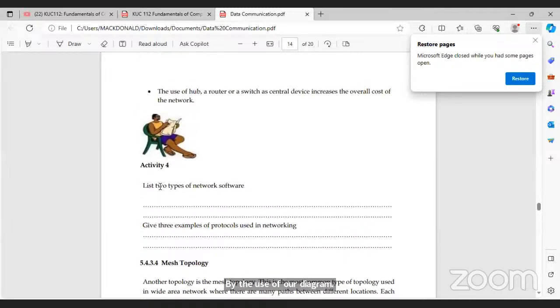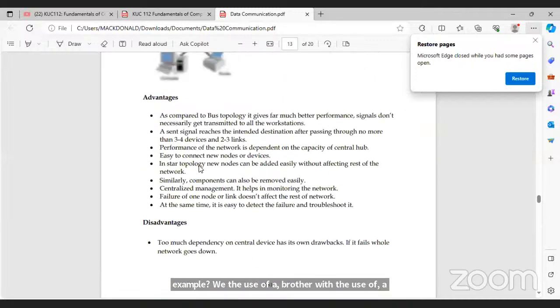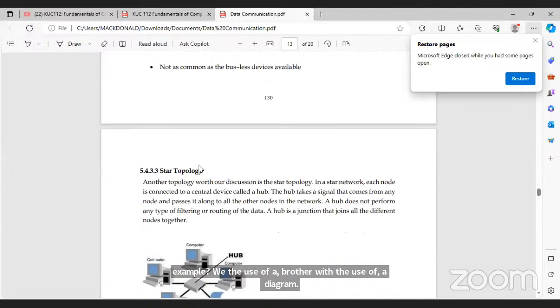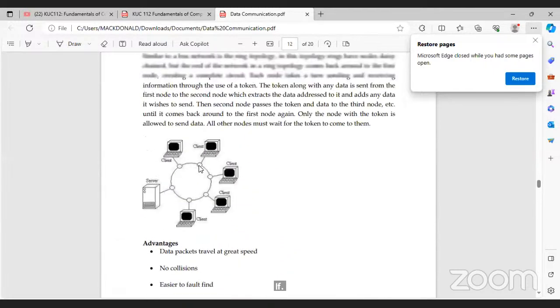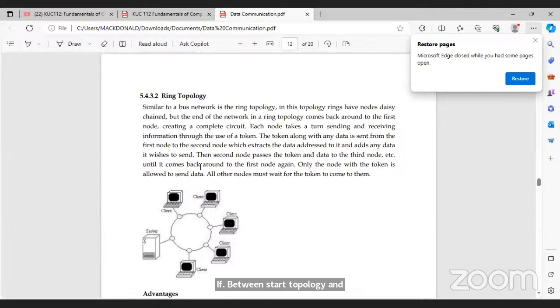So in the exam, they can ask you, with the use of a diagram, differentiate between star topology and ring topology, 10 marks.